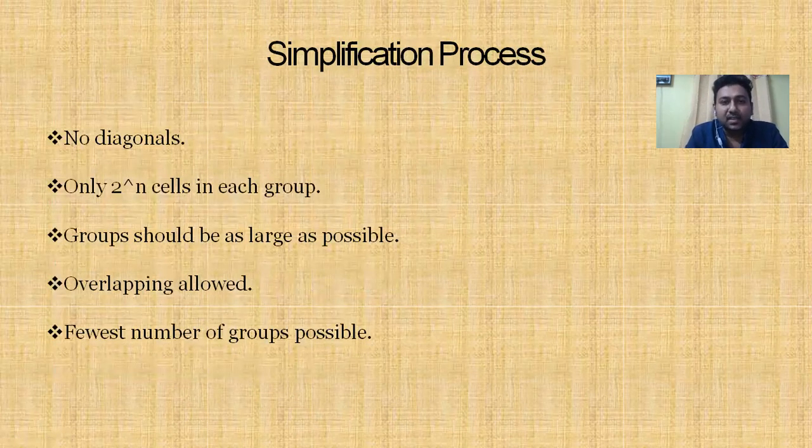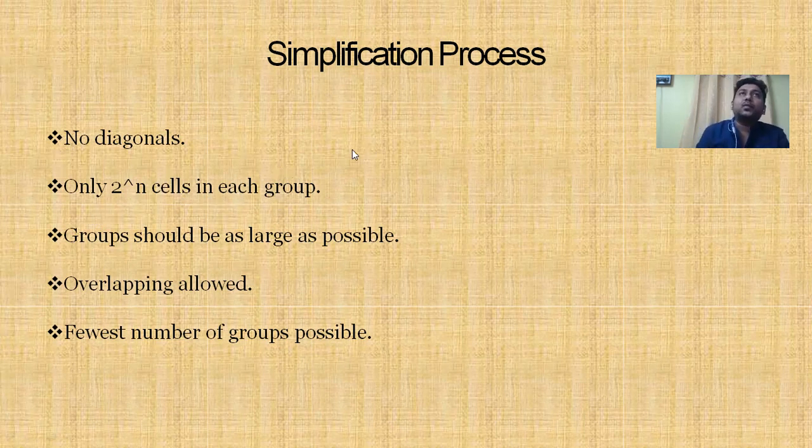Now the simplification process, in a very brief way: how K-map works. First, no diagonal cells can form a group. Second, only 2 to the power n cells can be in a group.